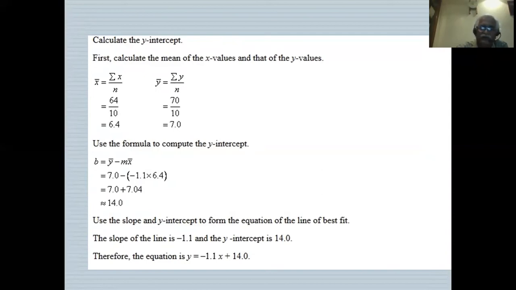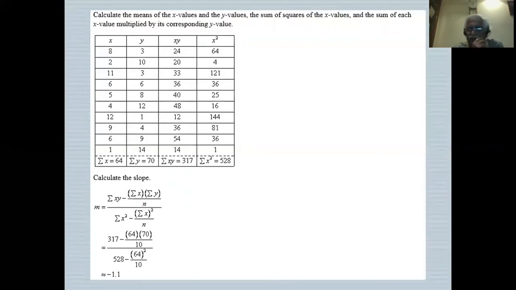So what is b? b is y bar 7 minus 1.1 into 6.4, that is 7 minus 7.04, so 14. So the equation is y equal to minus 1.1x plus 14. If you see back, so we go back. So we go back, please.